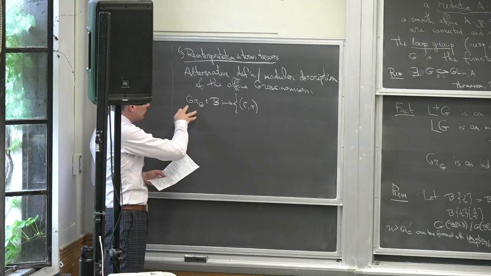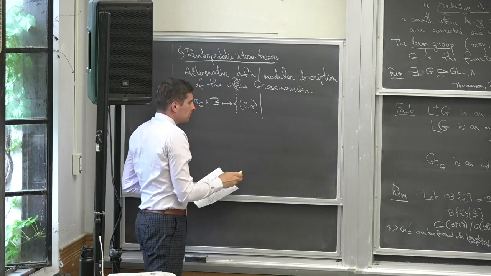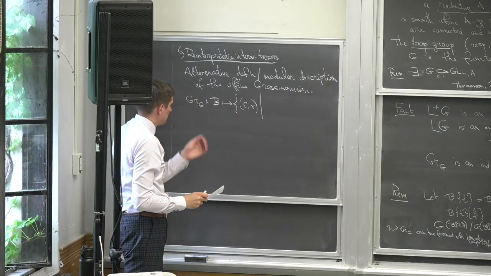So, okay, the affine Grassmannian is a functor on A-algebras B that maps to the sheafification of these coset spaces.